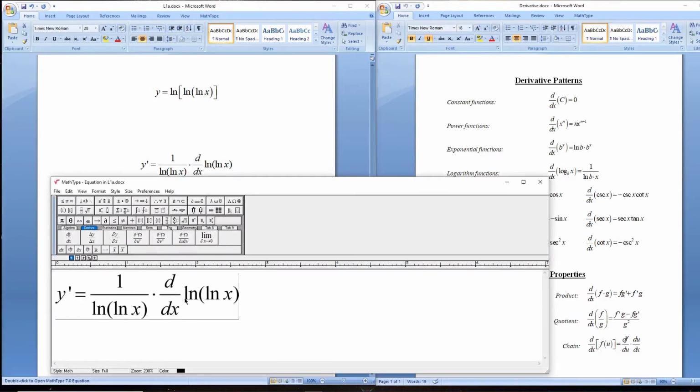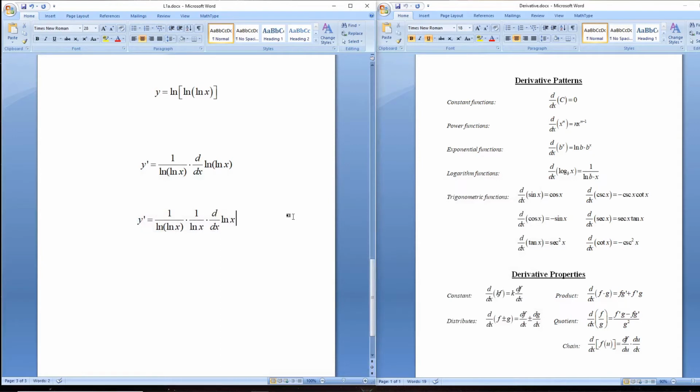And so now we have this new derivative we have to take. Again, it's a log in a log. The derivative of log is 1 over argument. So now the argument is just log. So this derivative here is 1 over the argument. And then we have to multiply by the derivative of the remaining argument.